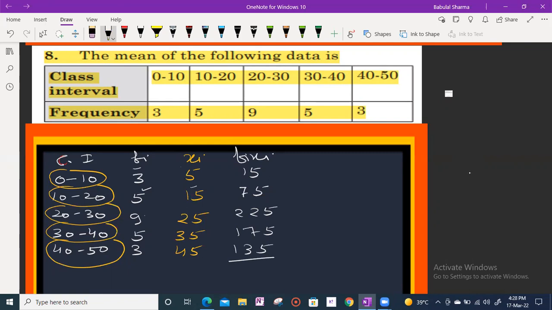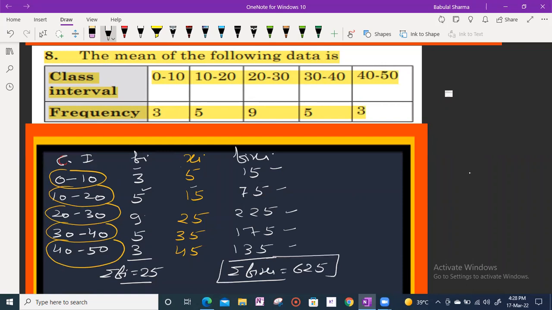Students, if you are not comfortable with the table, make a rough column and multiply very carefully. The maximum mistakes we make are in multiplication and addition, due to hurry. We should not hurry. Then the sum of all frequencies, add these numbers, that is 3 plus 5 plus 9 plus 5 plus 3, that is 25. Then the sum of all f into x, that is 15 plus 75 plus 225 plus 175 plus 135. Yes, it will be 625. You have to add at your own place.